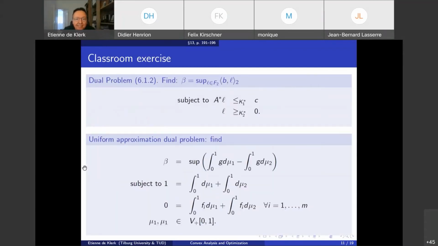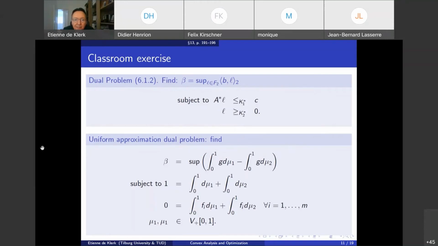Okay, so then we have the dual problem. The dual problem again is: C minus A star L must belong to the cone K1, L must belong to the cone K star, and then as we did with the primal problem, we just have to interpret it, and then what we get is the following dual problem.